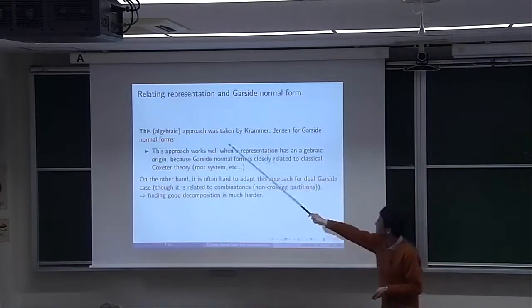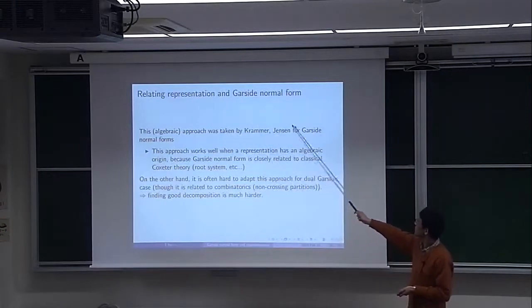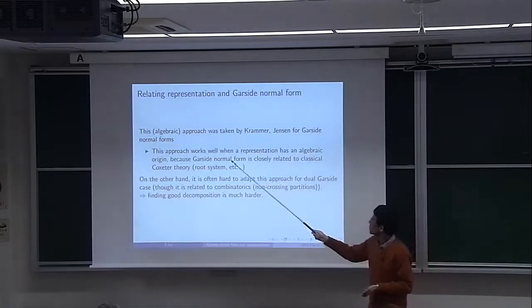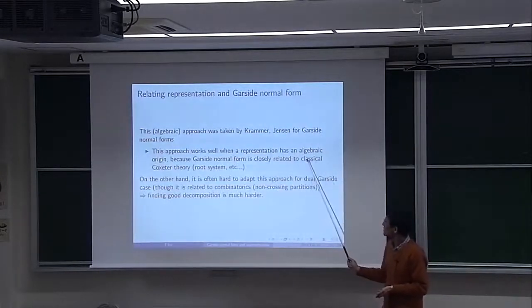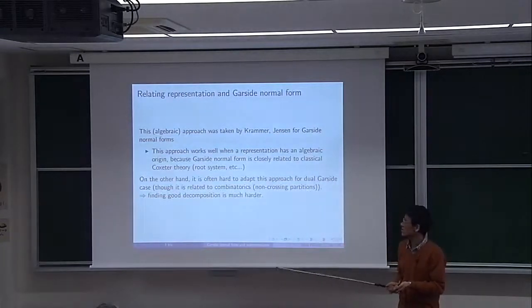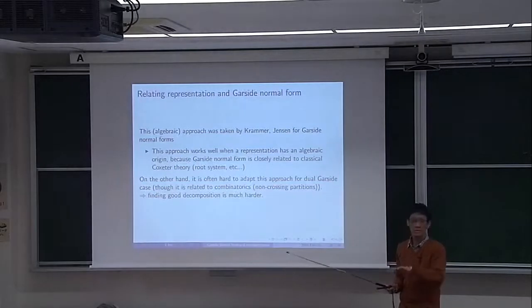So this algebraic approach was taken by Krammer and Jensen for Garside normal form, because Garside normal form is closely related to classical Coxeter theory or classical representation theory, say root systems and so on.